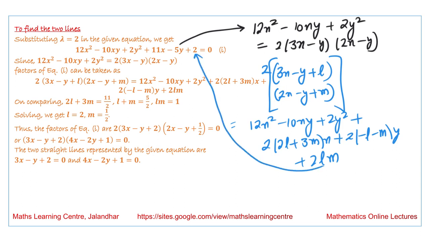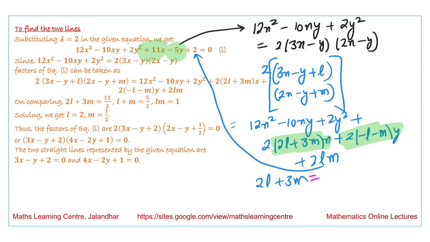This equation should be equal to the given value. So from this we will obtain that 2l + 3m, the coefficient of x over here, is 11, and -2l - 2m should be equal to -5.